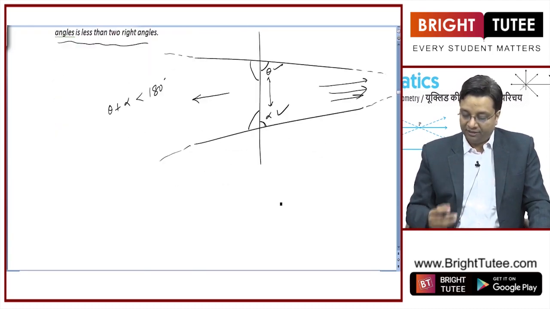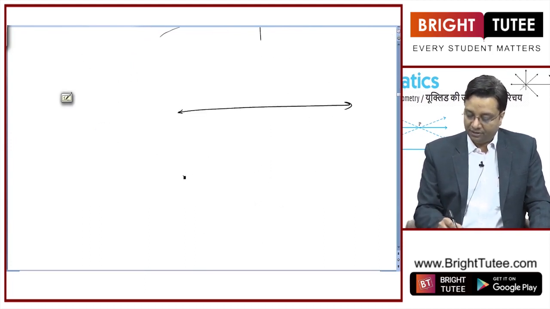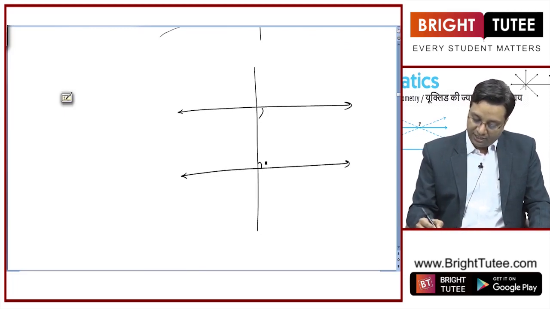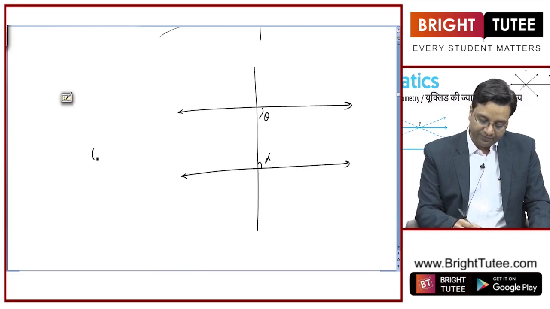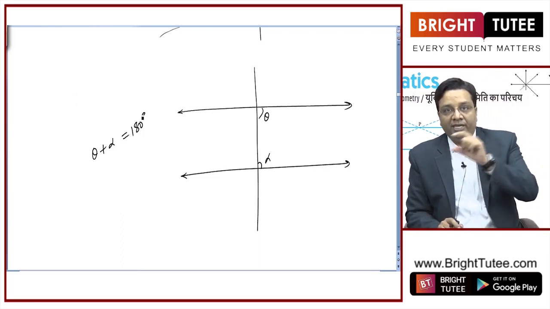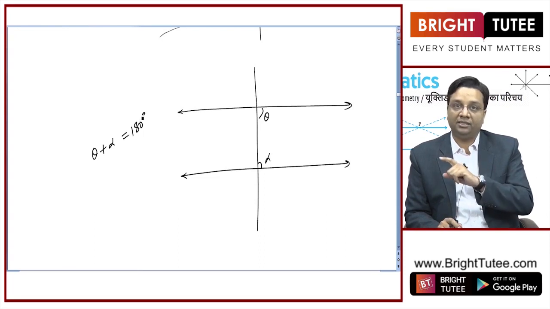Now it gives us another result, that if, let us say this is the line, and if the sum of these angles theta and alpha is equal to 180 degrees, right, for them to meet at a certain point, the sum of these two angles has to be less than 180.